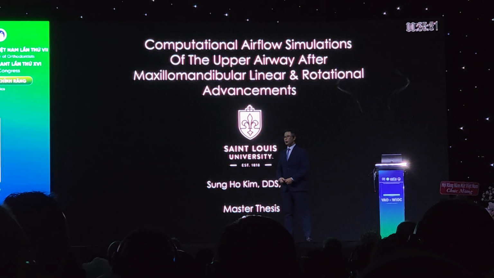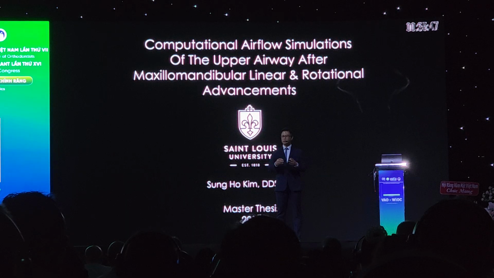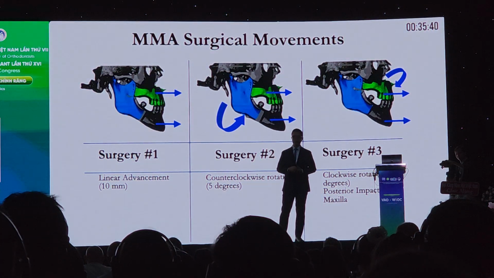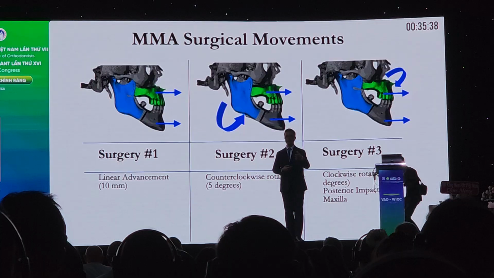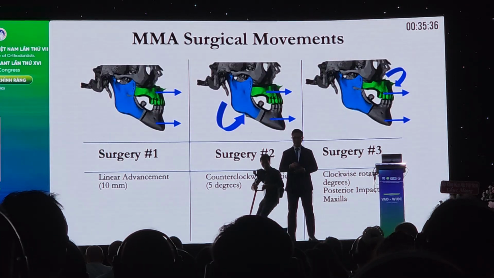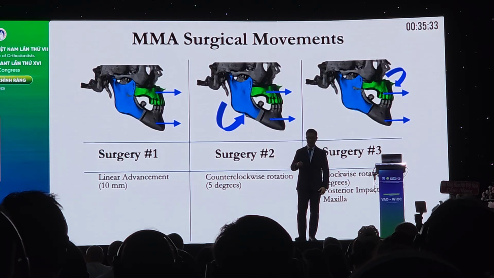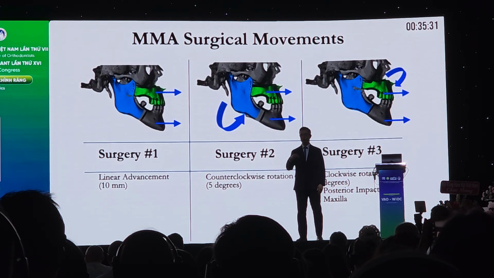A couple of years ago, we did a study, because you cannot really perform three different surgical procedures on the same patient. So we used a fresh cadaver head, and we simulated three different surgeries. One was a linear advancement, like the old-fashioned way. The second was a 5-degree counterclockwise rotation. And the third surgery was a clockwise rotation.